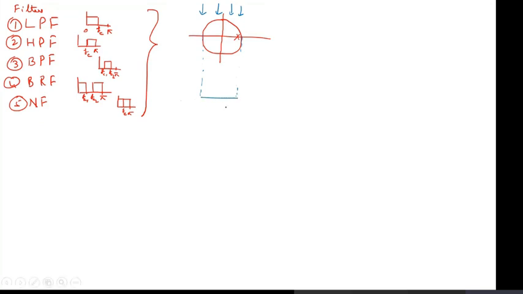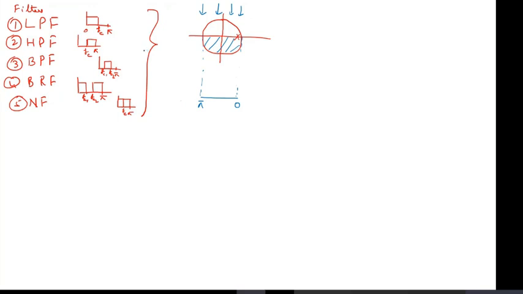You will be getting this kind of thing, right? So this is 0 and this is pi. We will not consider the lower half. Why?